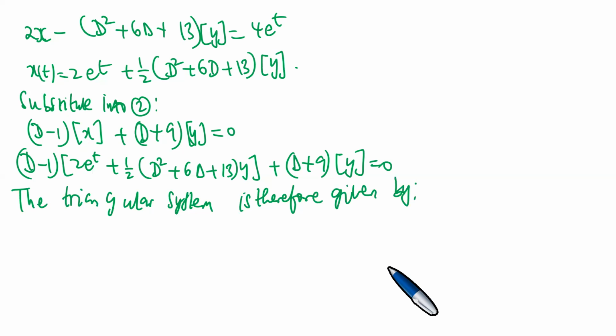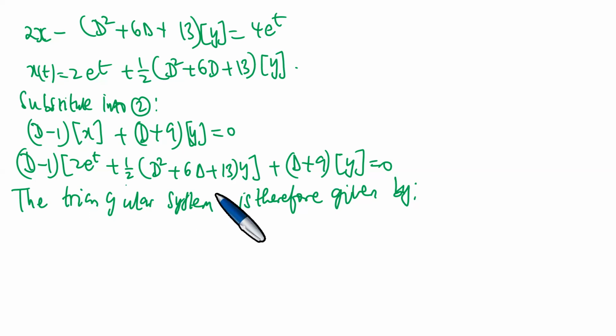Let's see what we are getting here. Now we have y here and y there, so we can take out y. And then if you take out y, what do we get?